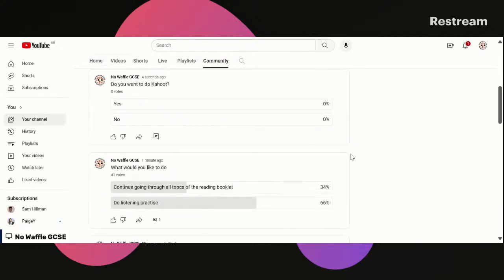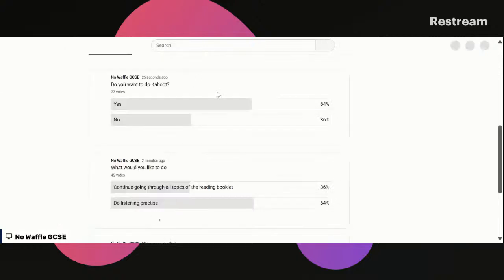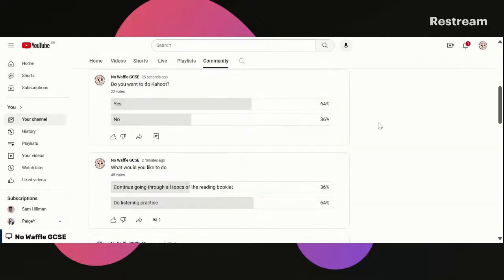Some people want to go over content. The thing is, there's 113 people here, but only 20 people are voting. So I don't know if it's actually reflecting what everyone wants to do.